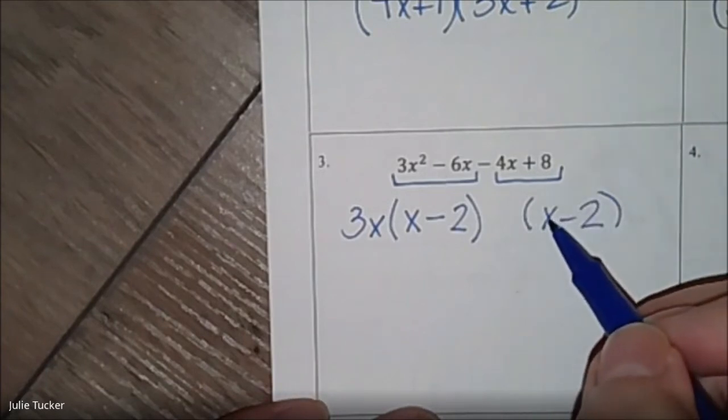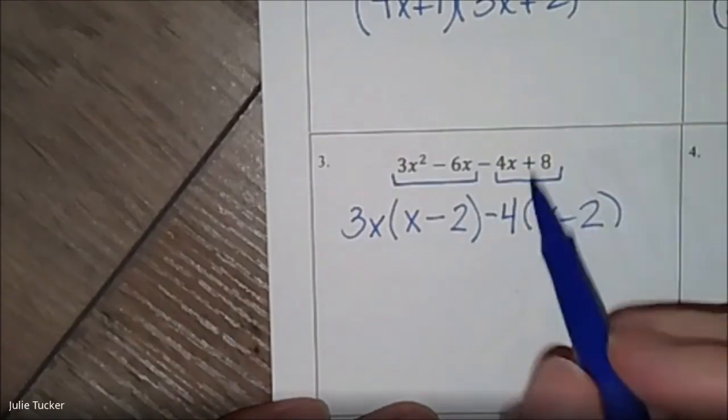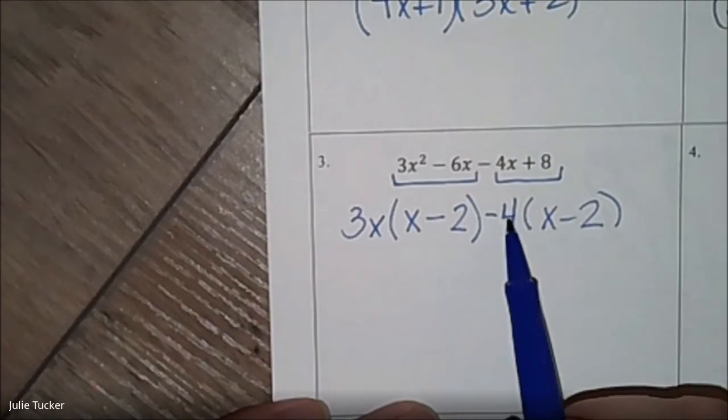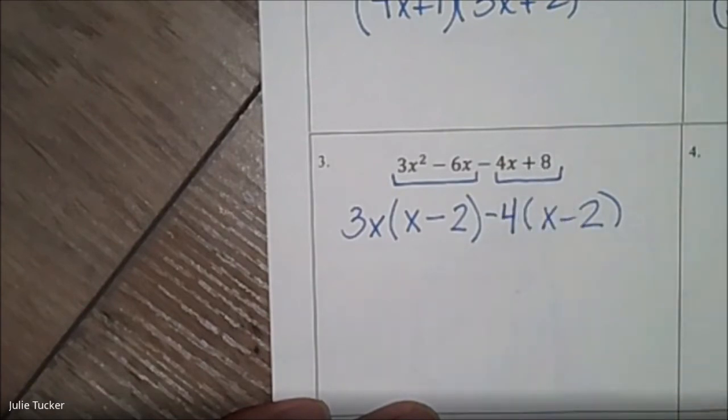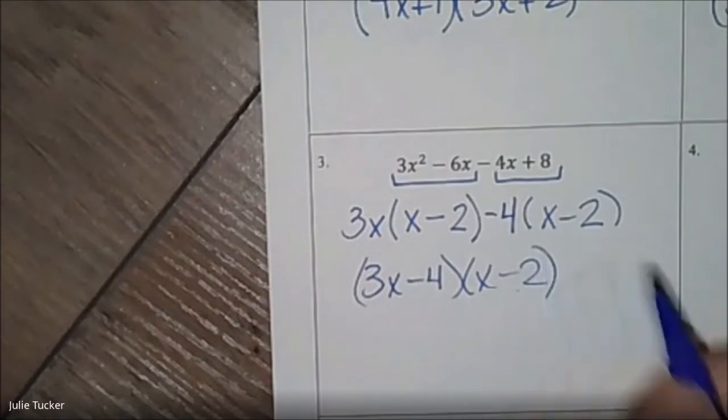And what does the x have to be multiplied times? -4. There you go. Then you double check, because negative signs can be tricky. So that gives you -4x, and it gives you +8, and that is wrong. 3x minus 4 times x minus 2. Done.